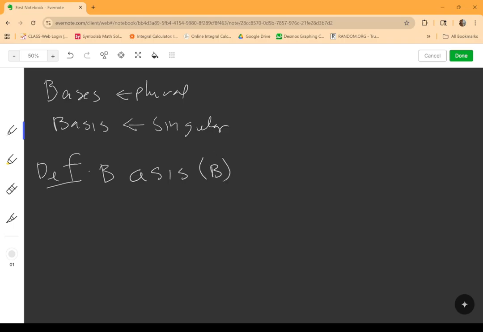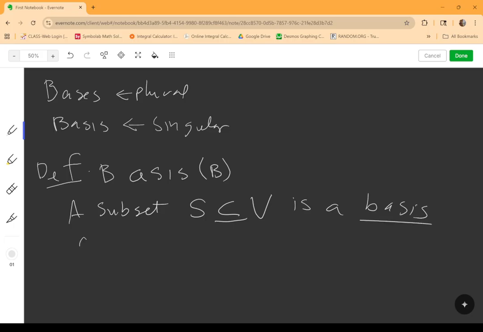A subset S of V is a basis of V if two conditions are met: S is linearly independent, and S spans V.